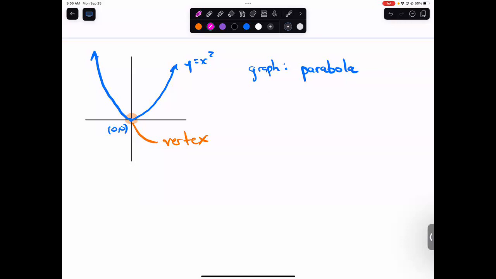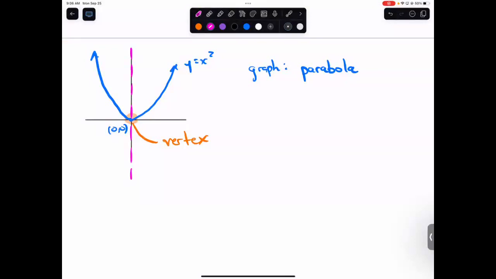One other terminology thing: the vertical line that runs down the middle of this. When we talked about even functions, we used x squared as an example because it's even, it's y-axis symmetric. If we shift it away from the origin, then it's not even anymore, but it still has some kind of self-reflexive symmetry going on.